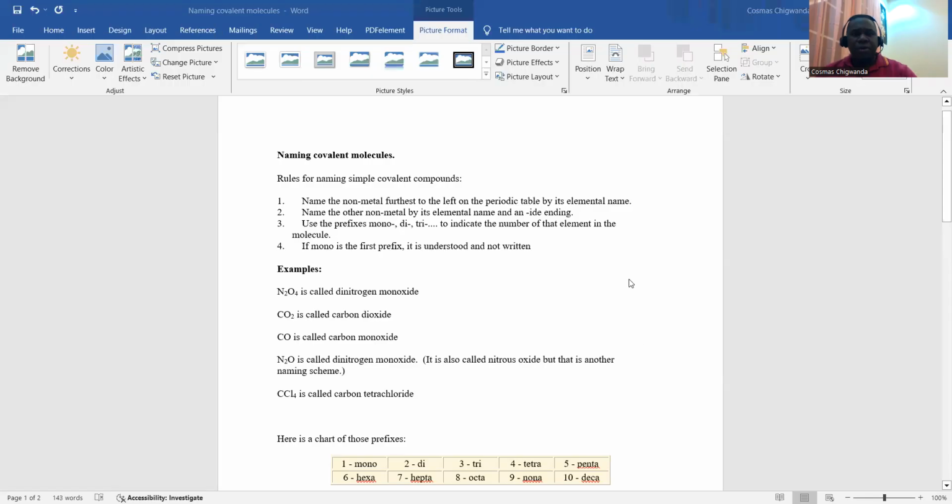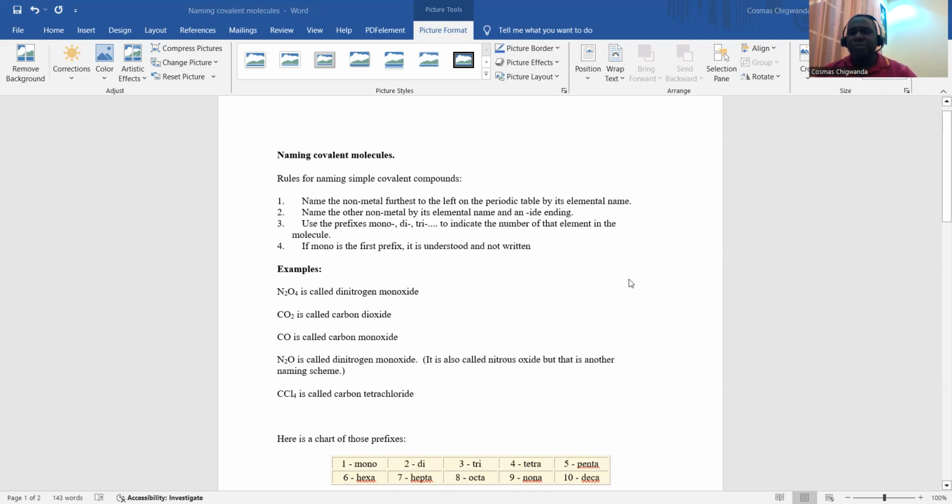All right, so we want to look at naming covalent molecules, and what are the rules? Rule number one, we are supposed to name the non-metal furthest to the left of the periodic table by its name. Remember, covalent molecules are a combination of a non-metal and a non-metal.